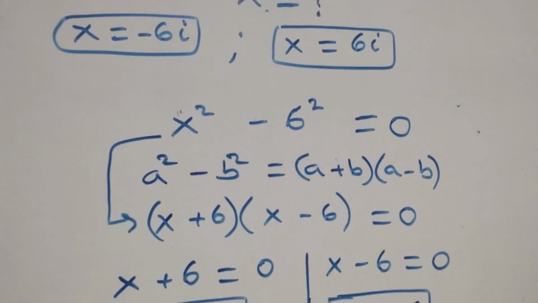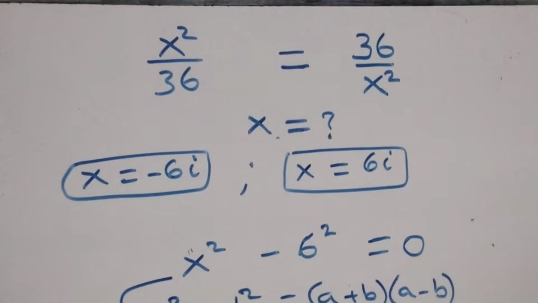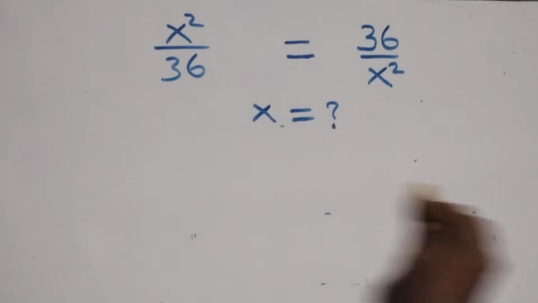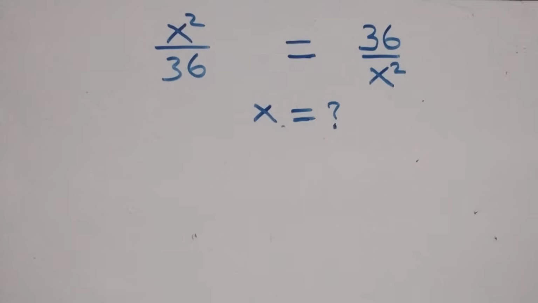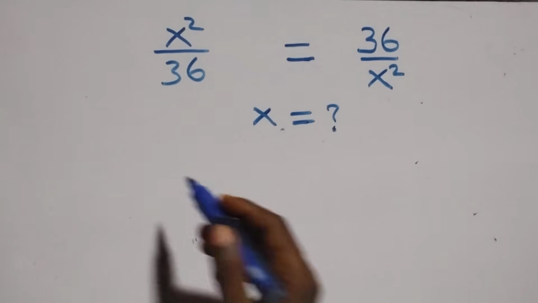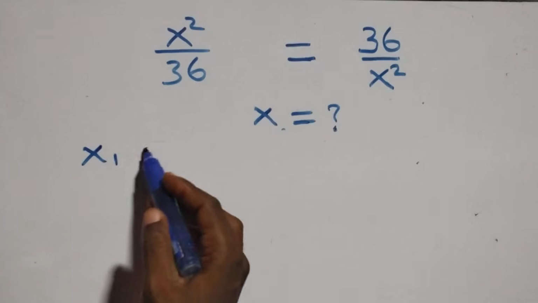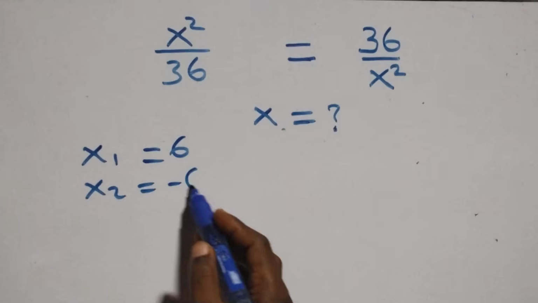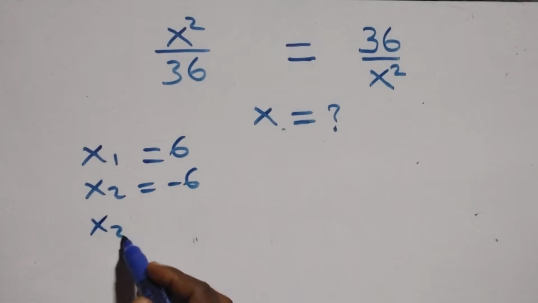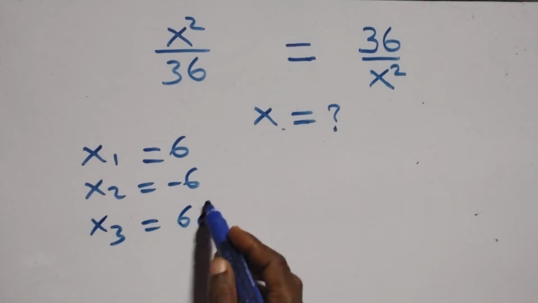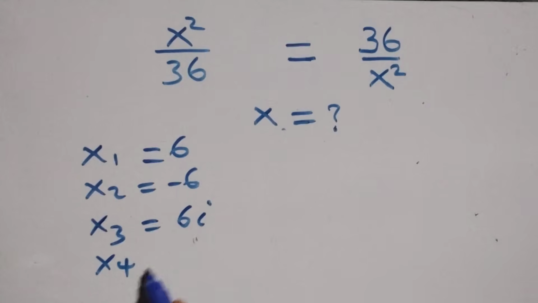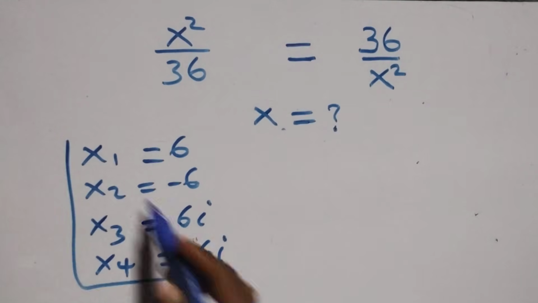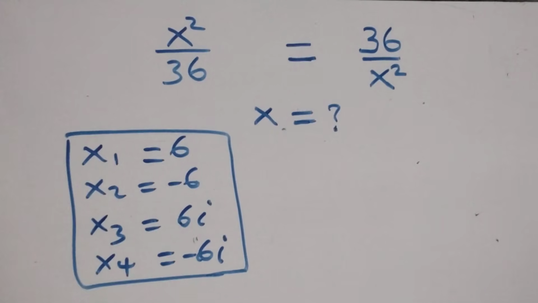When we write it out, x1 equals 6, x2 equals minus 6, x3 equals 6i, and x4 equals minus 6i. We have four solutions together, two real and two complex.